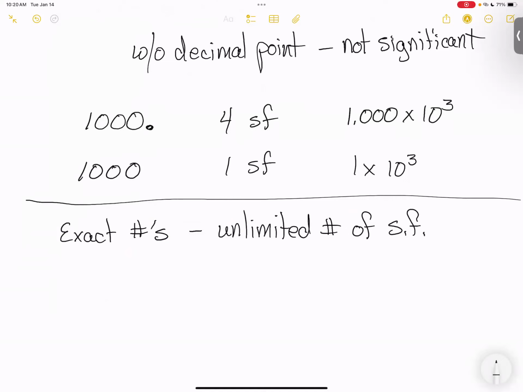What gets included in an exact number? Does anybody have something that would be an exact number?